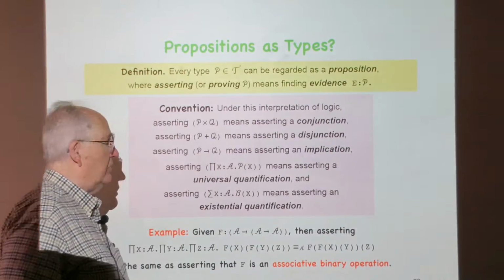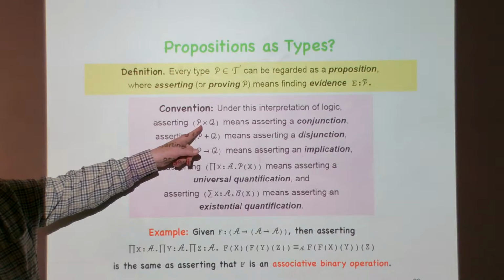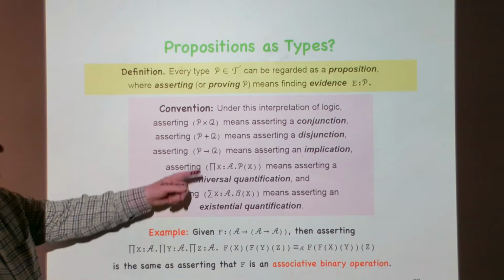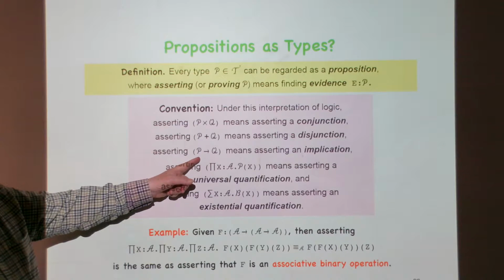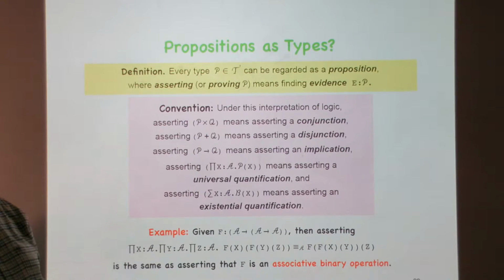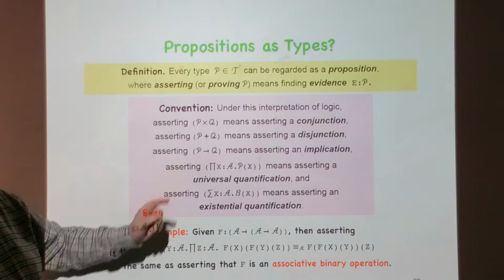And now if you think of it that way, then products of types is the same as conjunction. Evidence for a product is saying you can do both P and Q separately somehow, sums either one or the other. Function spaces is the same as implication. It says, if I have evidence for the function space, then if I have evidence for P, it automatically gives me evidence for Q.